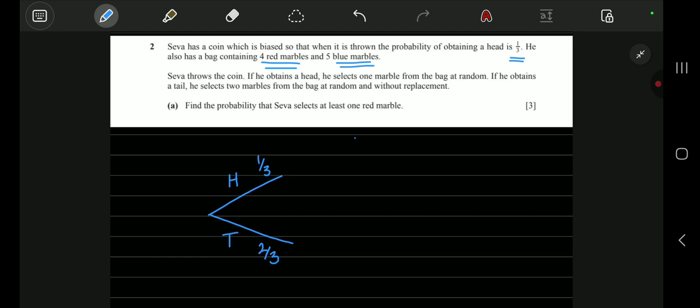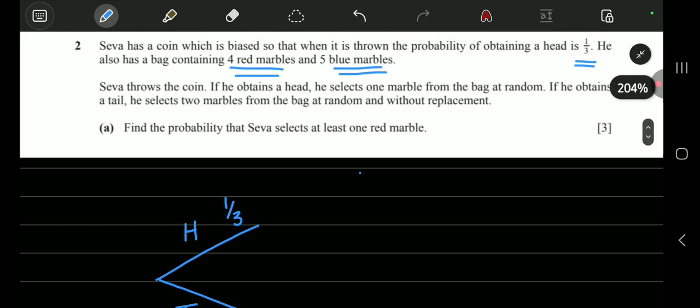So if he obtains a head, he looks for one marble. One marble, it could be red or it could be blue.